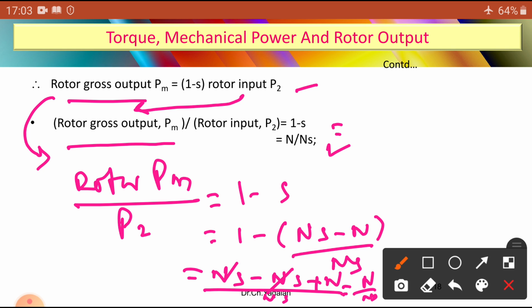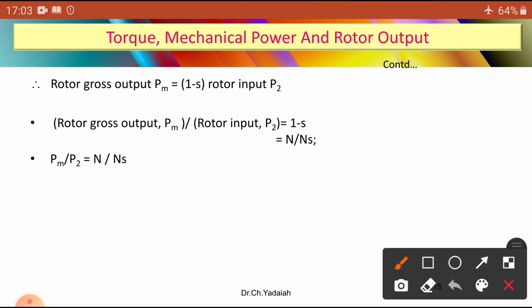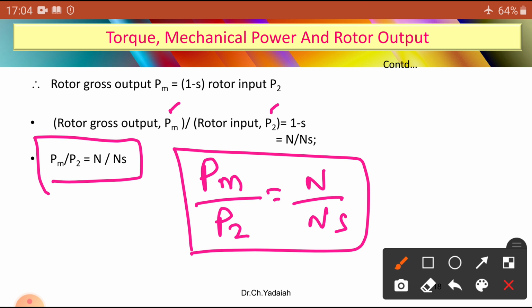So PM, the rotor output, by P2, the rotor input, is simply N by Ns. If you know this speed, we can calculate using this equation.